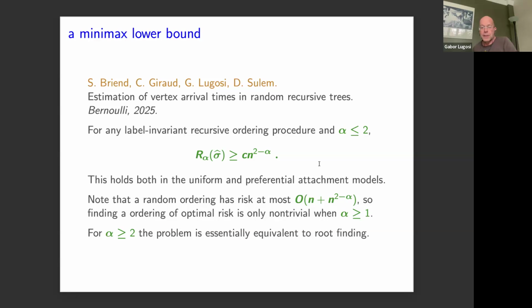So for this risk measure, when alpha is at most 2, no ordering can do better than n to the 2 minus alpha. But you see, if I just take a completely random ordering, then it will have risk at most n plus n to the 2 minus alpha. This is very easy to see. So this shows that the random ordering will already have the optimal risk if alpha is too small.